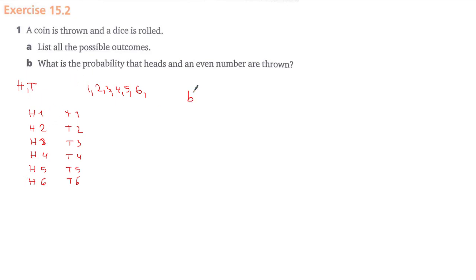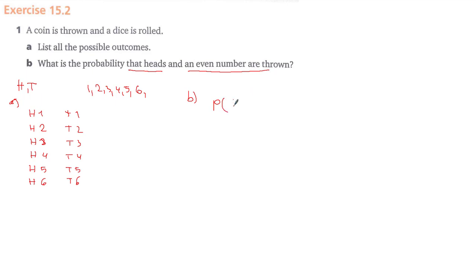Question B, this was A. Question B: what is the probability that heads and an even number are thrown? So both of these must occur. Heads and even numbers.